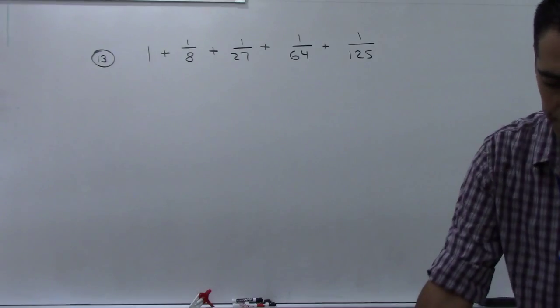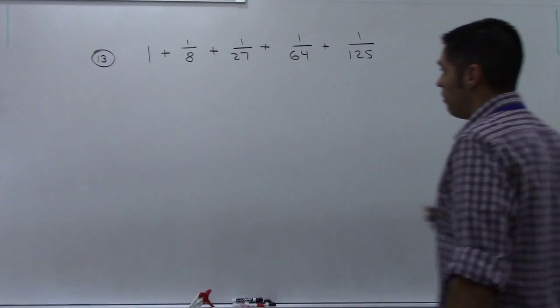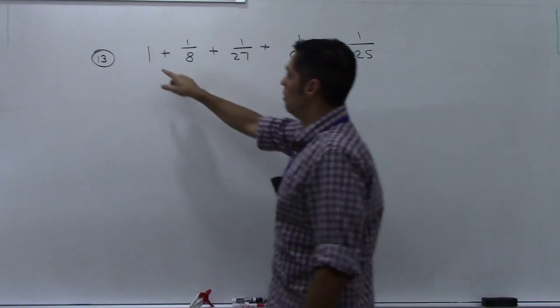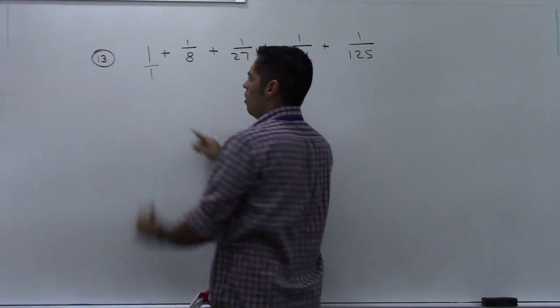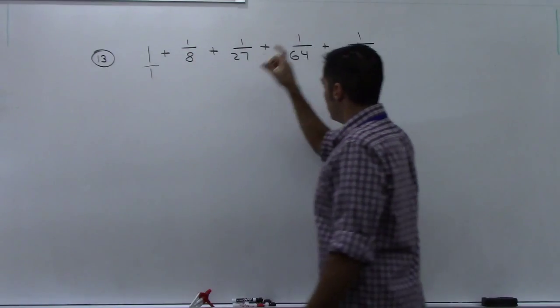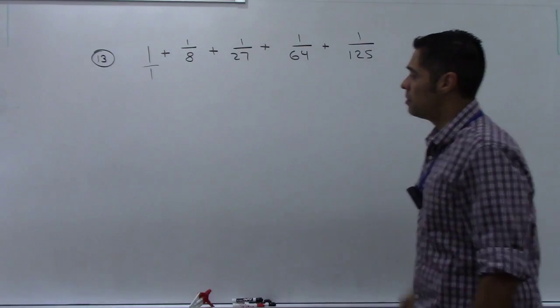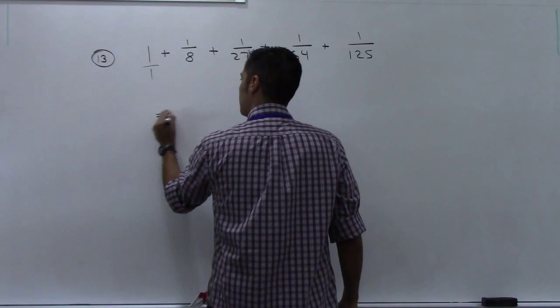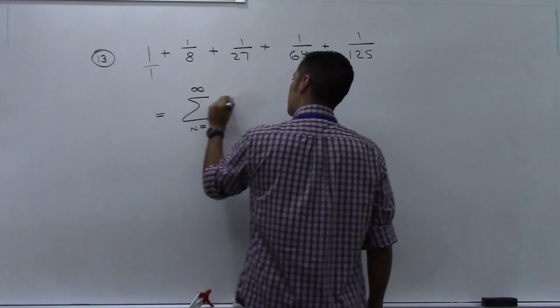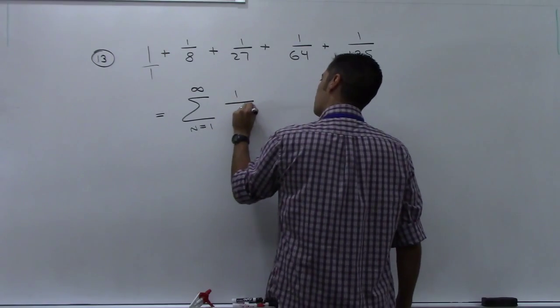I think I see this. Those are all perfect cubes: 1 cubed, 2 cubed, 3 cubed, 4 cubed, 5 cubed. So this is really just the sum, n starts at 1 to infinity, of 1/n cubed.